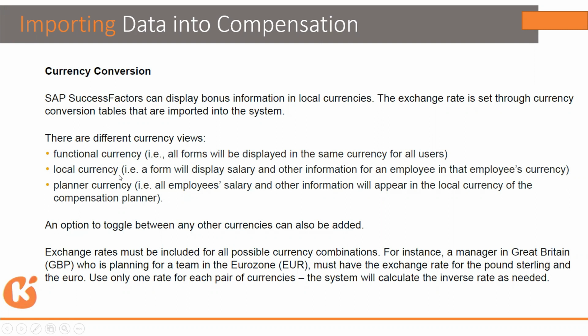Local currency is where the employee actually belongs, and planner currency is, for example, you are in India, reporting to your manager in Spain. If your manager wants to see your total salary, and in case they want to offer you a job there, they can check it in the planner currency and decide how much they have to increase. So that is your planner currency.